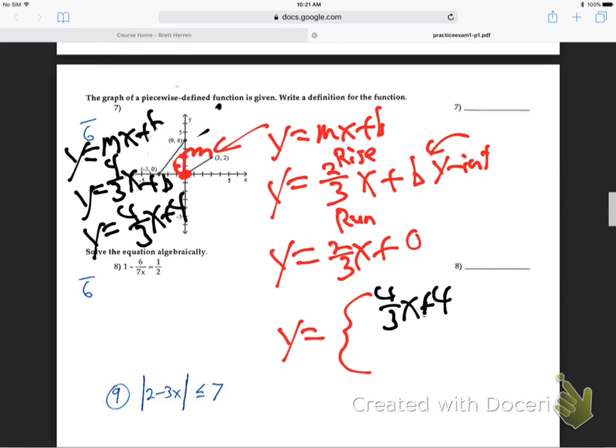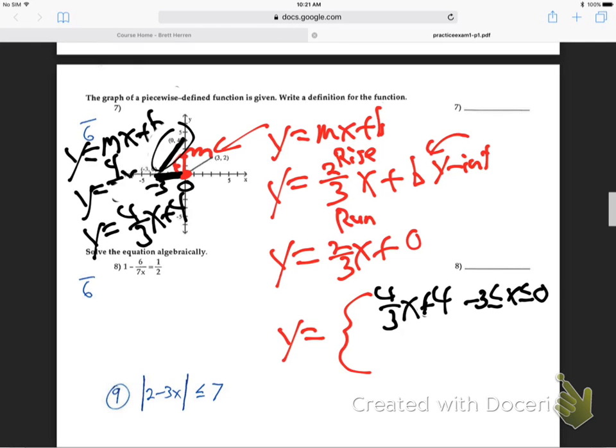Where does this exist? Well, it exists from -3 to 0, doesn't it? That's the x territory, right? From -3 to 0, this function exists in here, doesn't it?